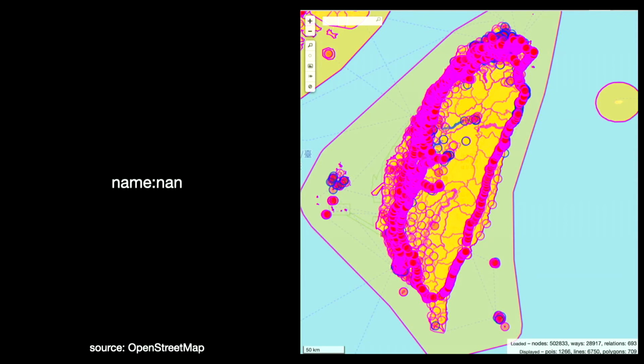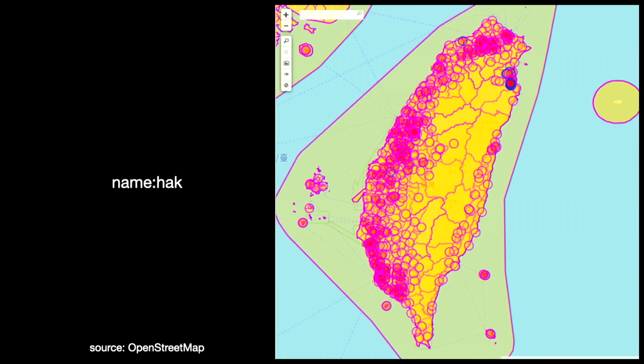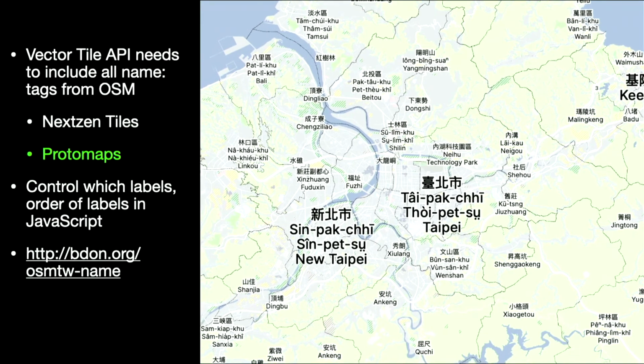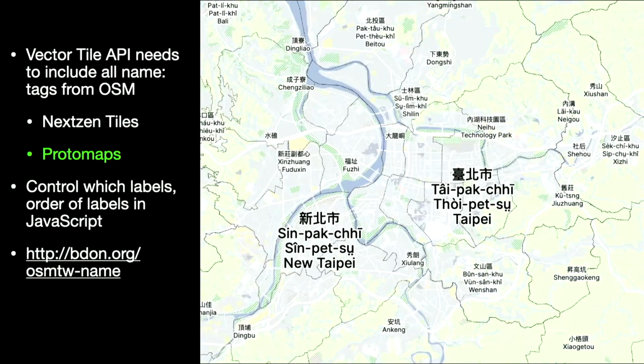So you can just see a quick overview of each of these tags and how prevalent they are in Taiwan. So here's Hakka, and then here is Amis. So all this data already exists. It's just a question of how do we show it in maps. So not every vector tile API has every single name tag.